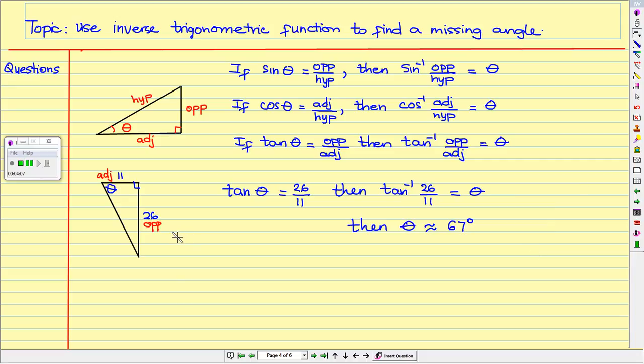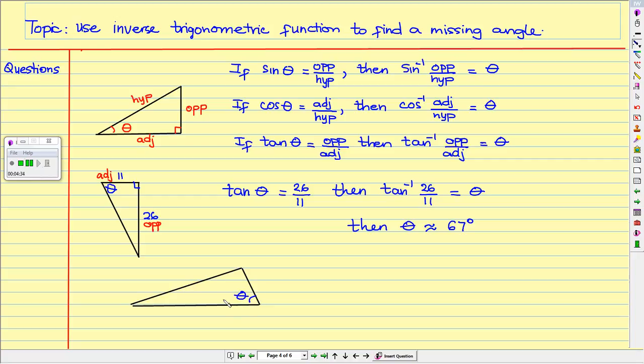Now let's get the next triangle. In this triangle, this is a right triangle. And let's label the acute angle.